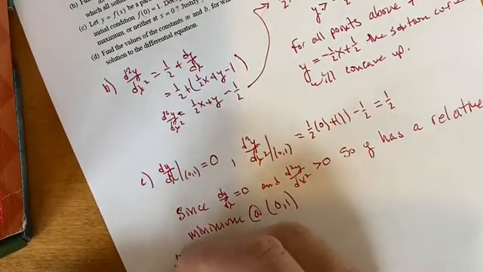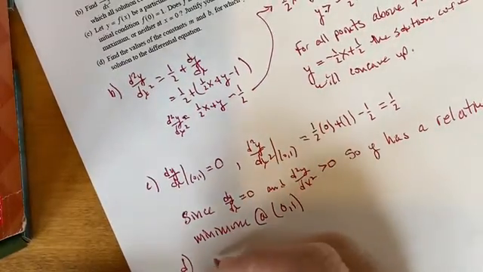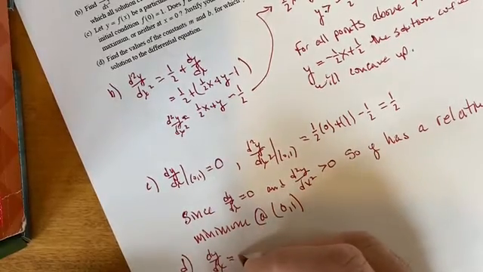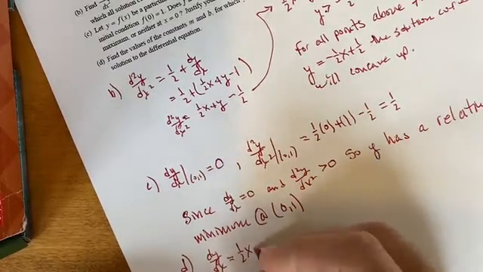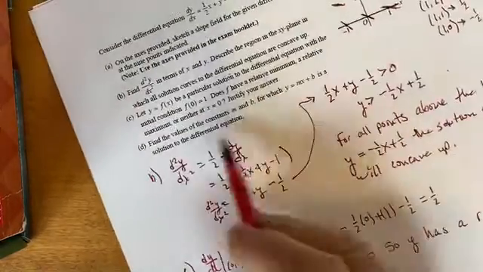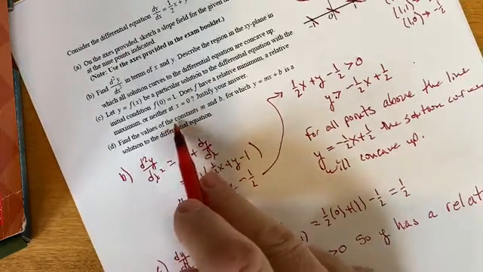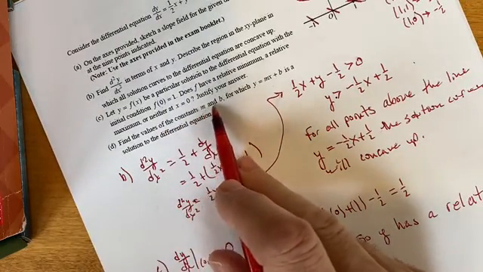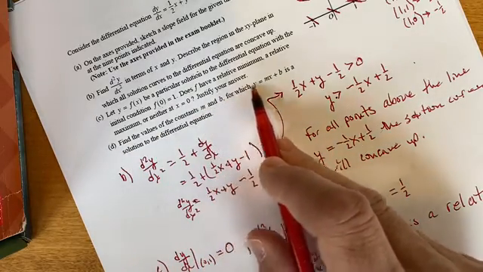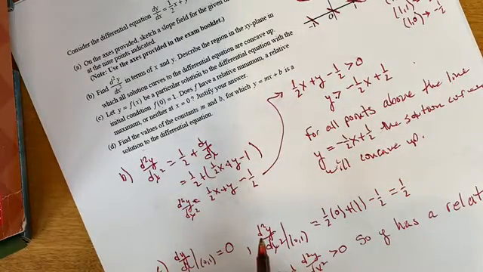And D, the craziest one. So we have this differential equation, right? dy dx is 1/2 x plus y minus 1. Find the values of the constants m and b for which y equals mx plus b is a solution to the differential equation.